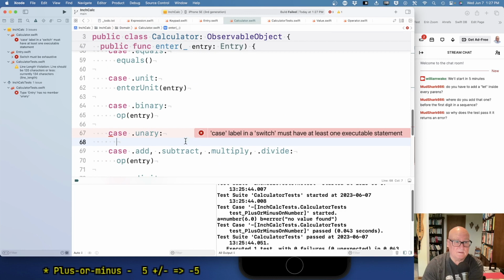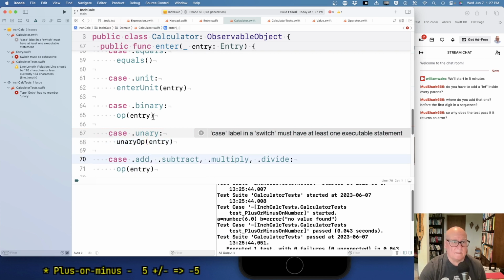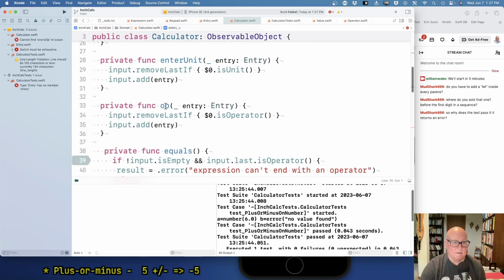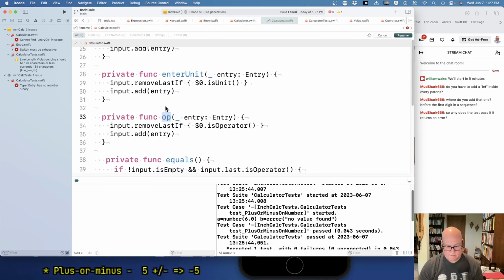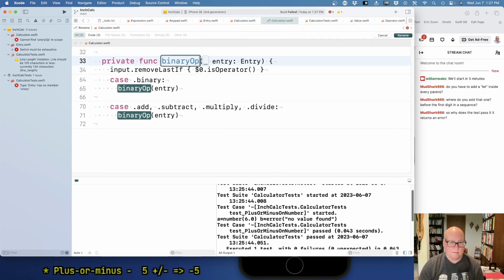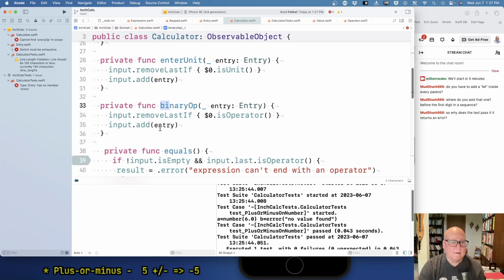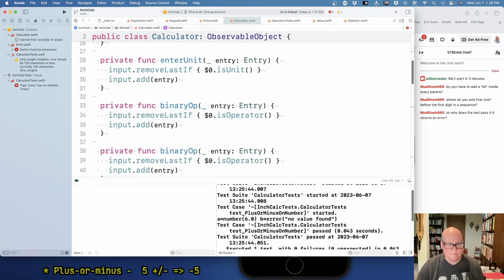So let's do unary op of entry. And I'm going to change this to binary. Okay. Now, is that wrong? All right, once unary.